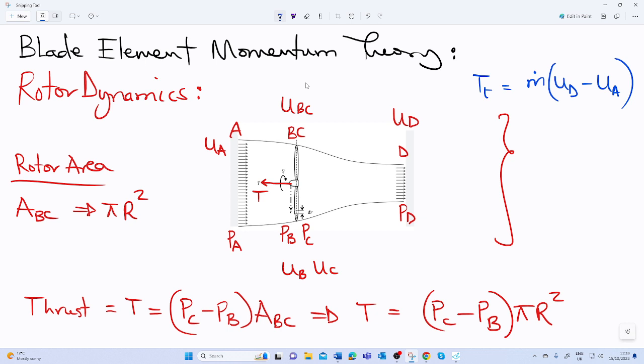Now that we have all this equation, the next thing is to put them together one by one for the full analysis. So therefore, T equals m times UD minus UA.